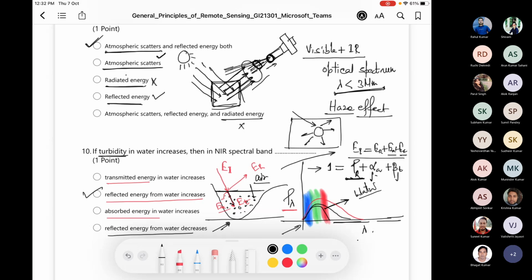These are the variables which give you the ratio between absorbed and incident, reflected and incident, and transmitted and incident.